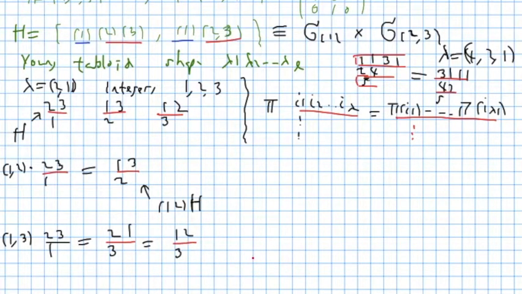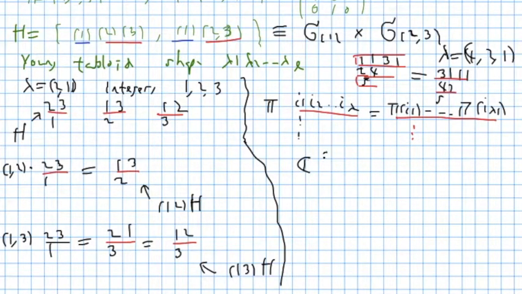Okay, and this looks like the coset (1 3)H. Okay, so let me continue this here. So the symmetric group acts on these tabloids, so I can define a representation out of this.